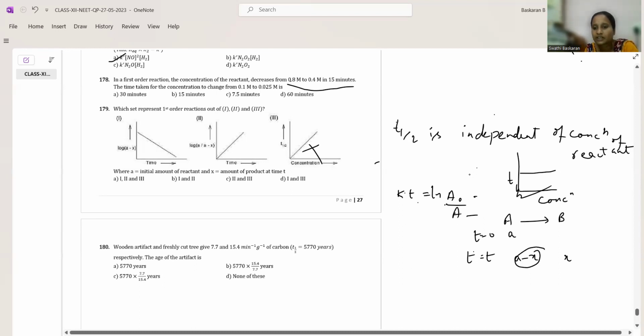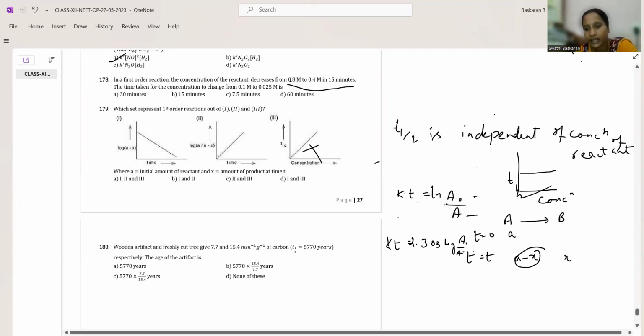Now if you convert this into log, how will it become? kt is equal to 2.303 log a naught by a.